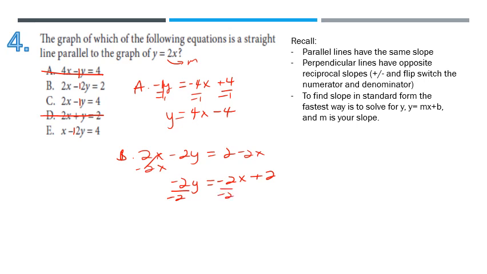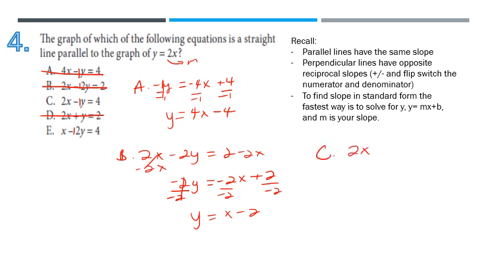And that leaves us with y equals x minus 1. Okay, we're trying to get 2, and we had to divide by 2, and that did not work. So it couldn't be B. So let's test C.